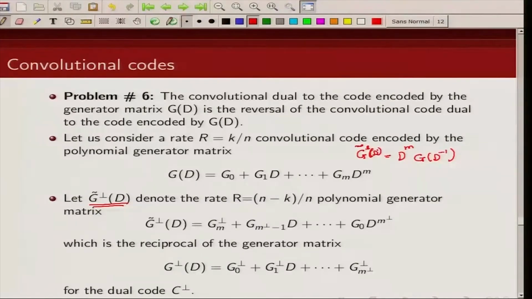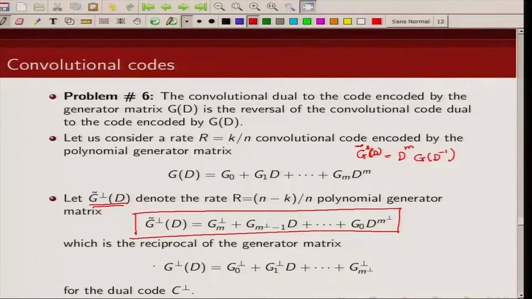Okay. Now, what I have shown you here is the reciprocal of the generator matrix for the dual. This is the generator matrix of the dual code, and this is the reciprocal of the generator matrix of the dual code.